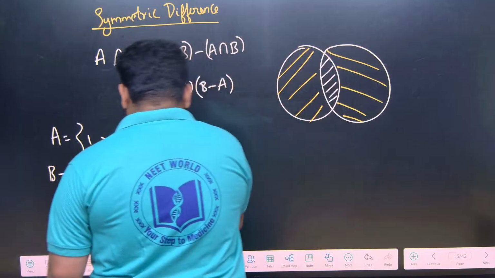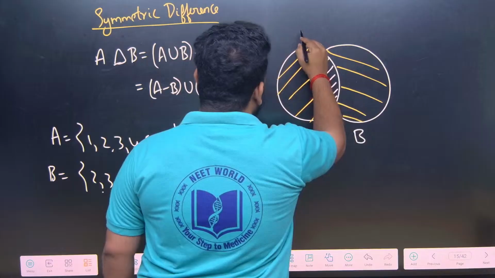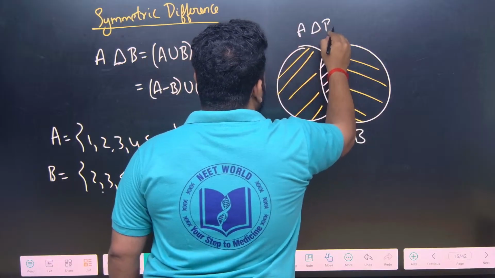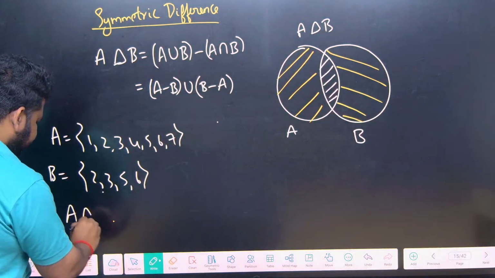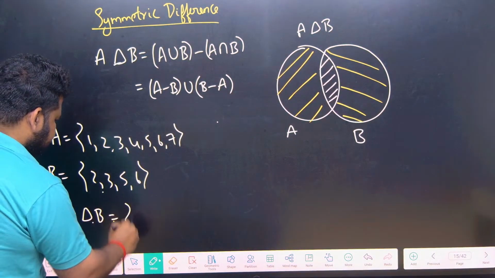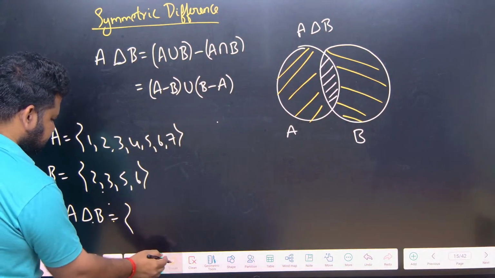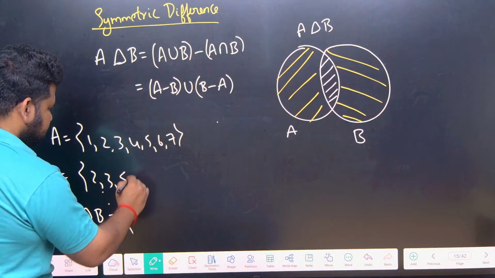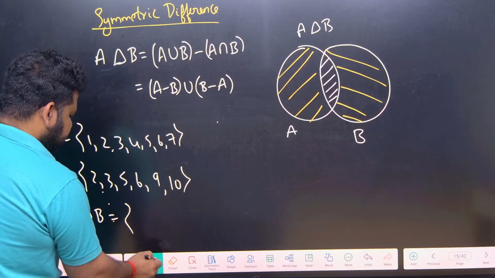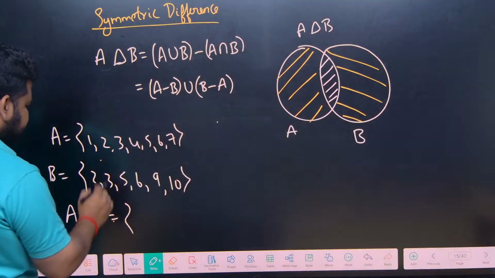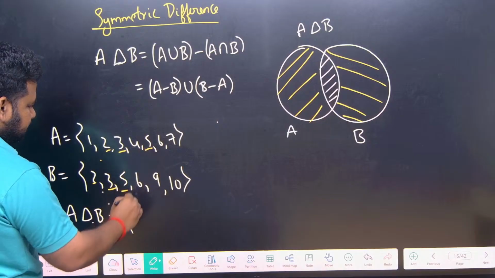So this is set A, this is set B, and the symmetric difference is A delta B. Suppose the sets have elements like 2, 3, 5, 6, 9, 10. Whatever is common between A and B: 2 is common, 3 is common, 5 is common, 6 is common.